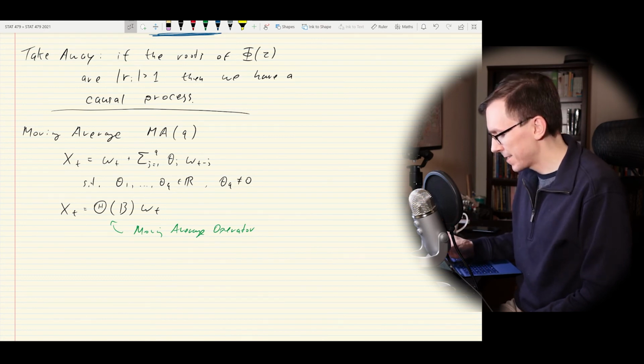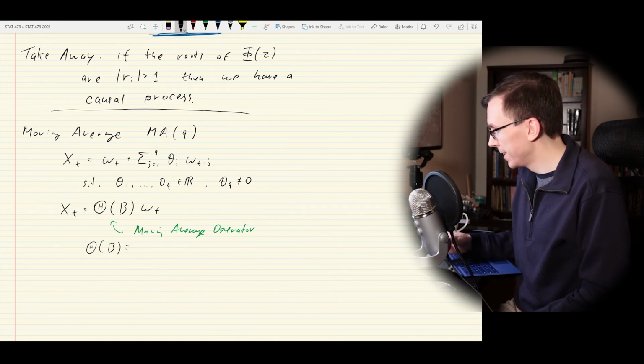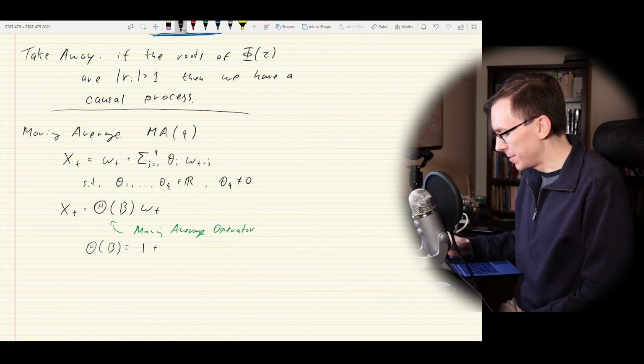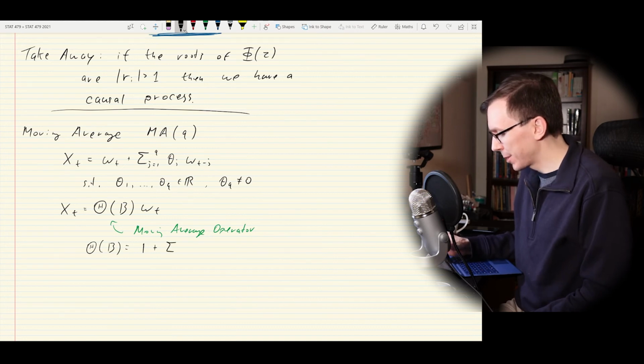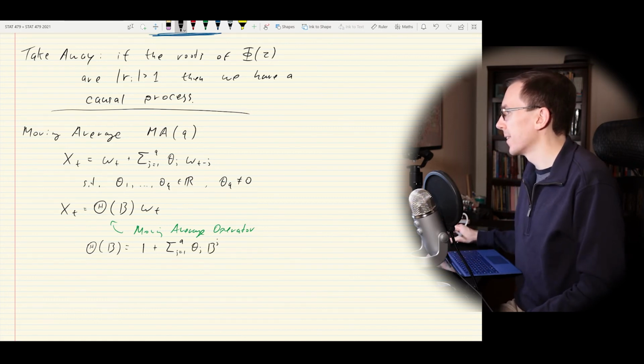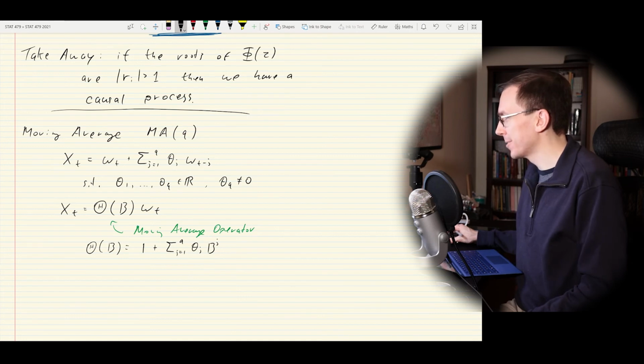Just to explicitly write it down, capital Theta of B is very similar to the autoregressive piece, but it's going to be a 1 plus, because we're not moving anything to the other side of the equation like we did in the AR process. It's 1 plus the sum from j equals 1 to q of theta_j B^j. All right, and this is our moving average operator.